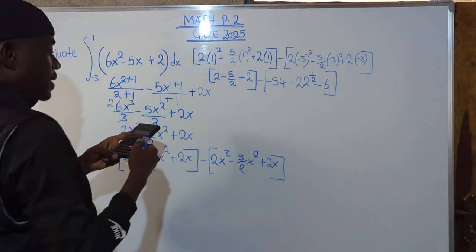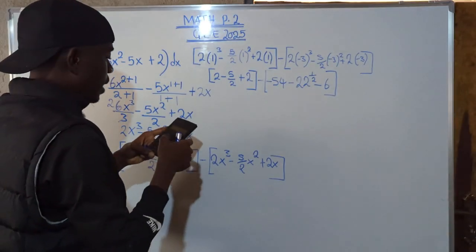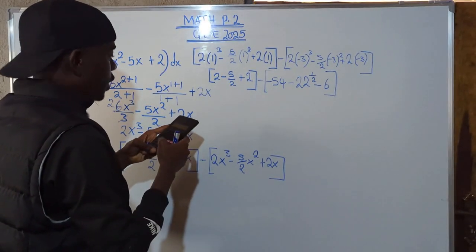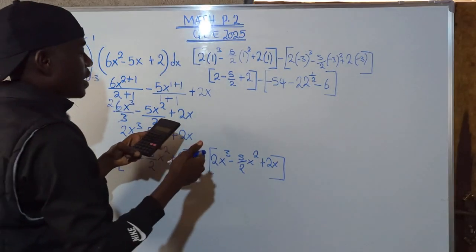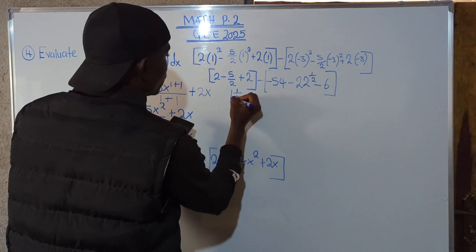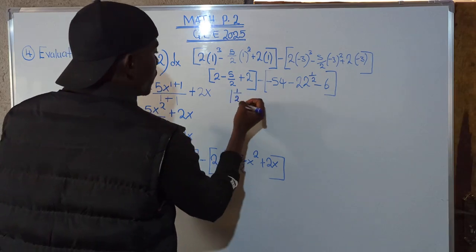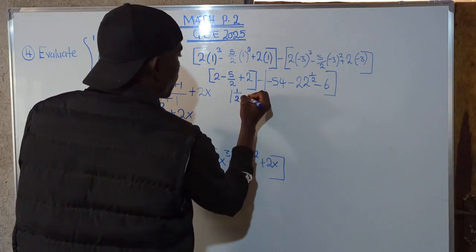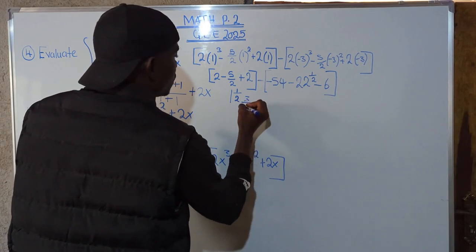Now, to simplify this, we know that this is just the same as 2 minus 5 over 2 plus 2, which is going to give us one whole number, 1 over 2. So this is just the same as 3 over 2.